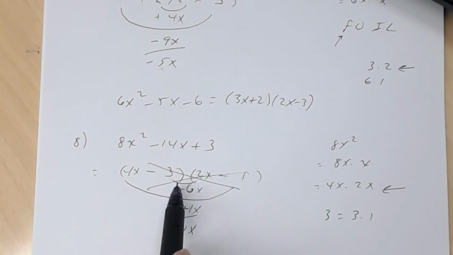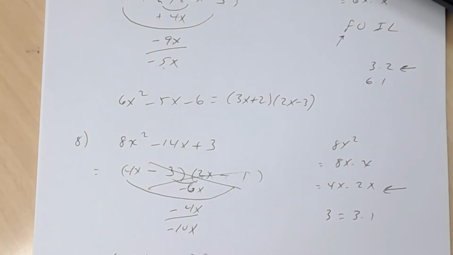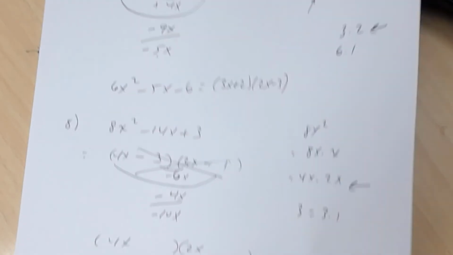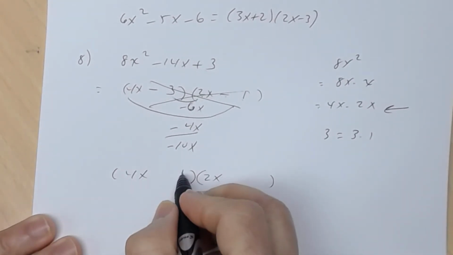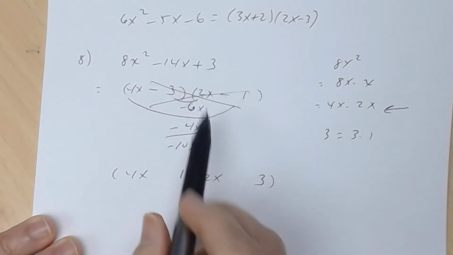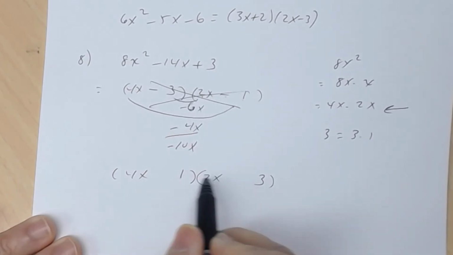All right, well, let's switch the 3 and the 1 and see if that's going to work. So we keep the 4x here and the 2x here. We're going to put the 1 here and the 3 there and see if that works. So remember, the last sign's positive, so you can put in your signs right away.